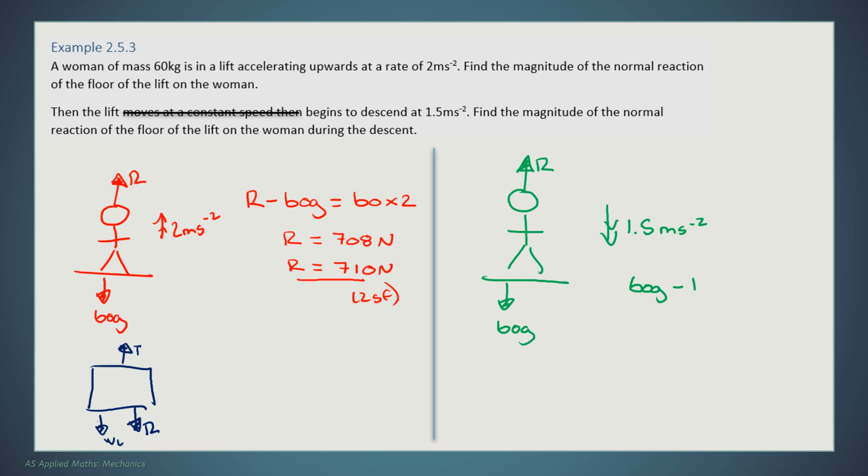The force against motion is R, is equal to mass times acceleration. So when we calculate R here, we get 498. And therefore, because I've used g, if I give this to two significant figures, it is 500. Okay, so we get 500 newtons in that situation.